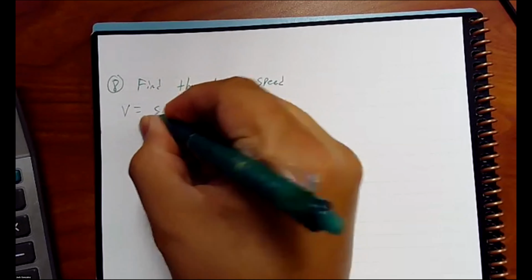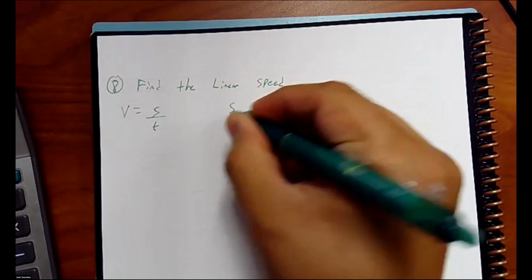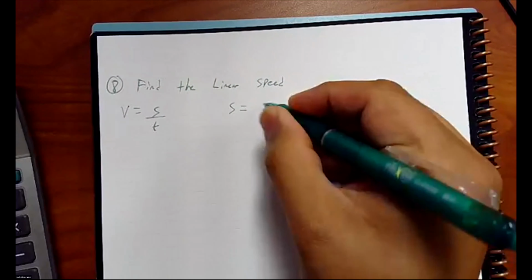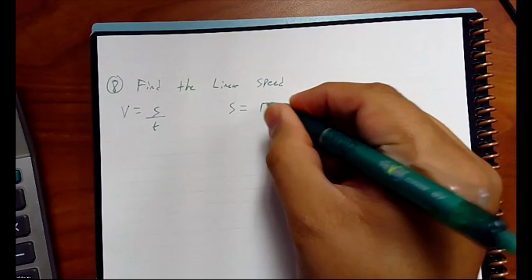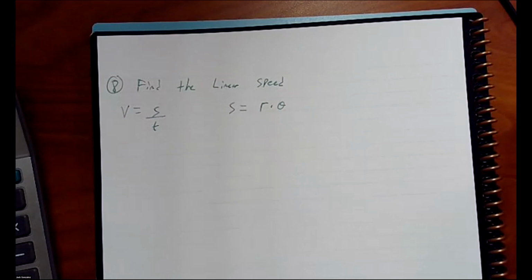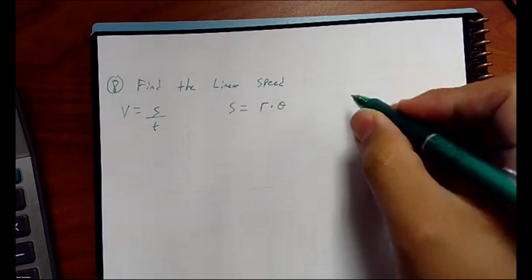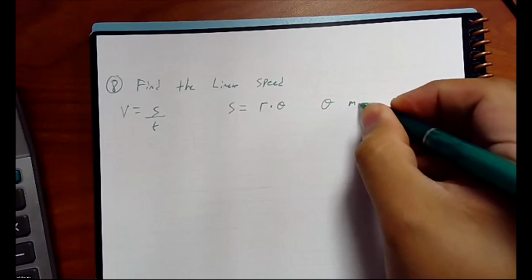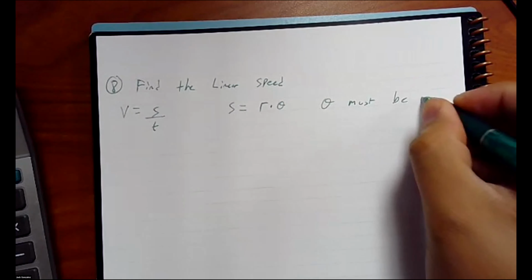V is equal to S over T, where S is equal to R times theta. Double check that as well. Yes. Theta must be in radians.